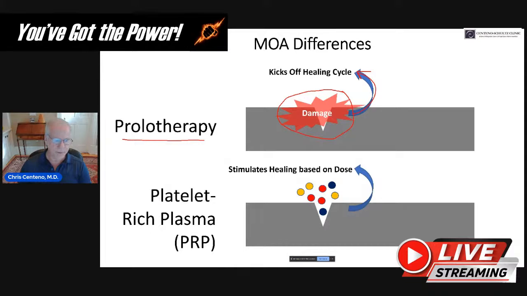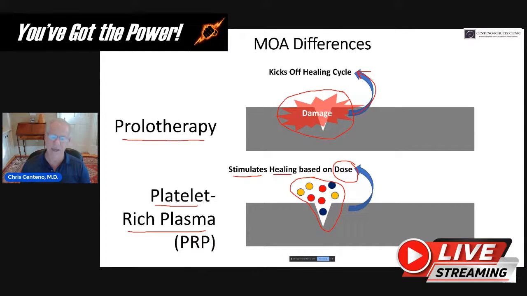But when it comes to PRP or platelet-rich plasma, we're adding growth factors, exosomes, and other things to the area, and that stimulates healing, and that is dose specific, and that's a very important concept to understand.